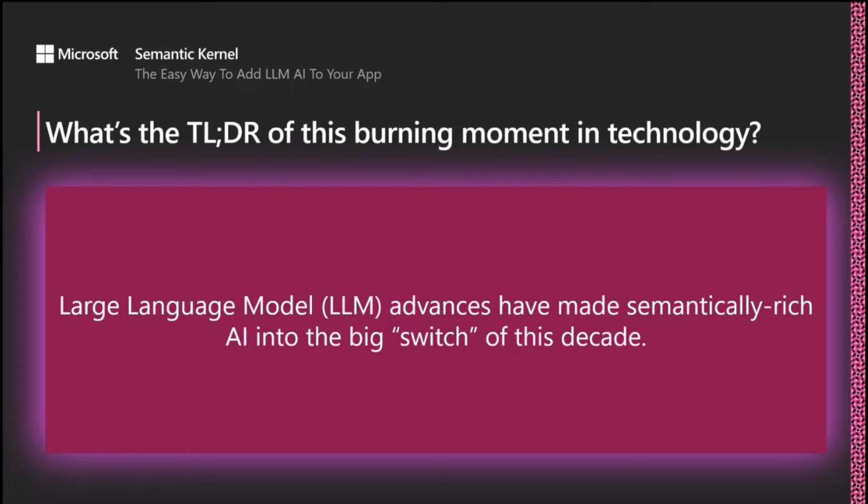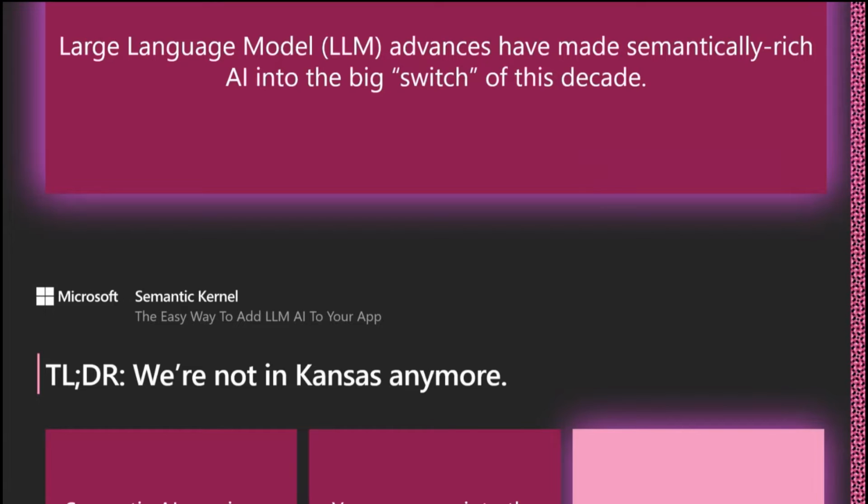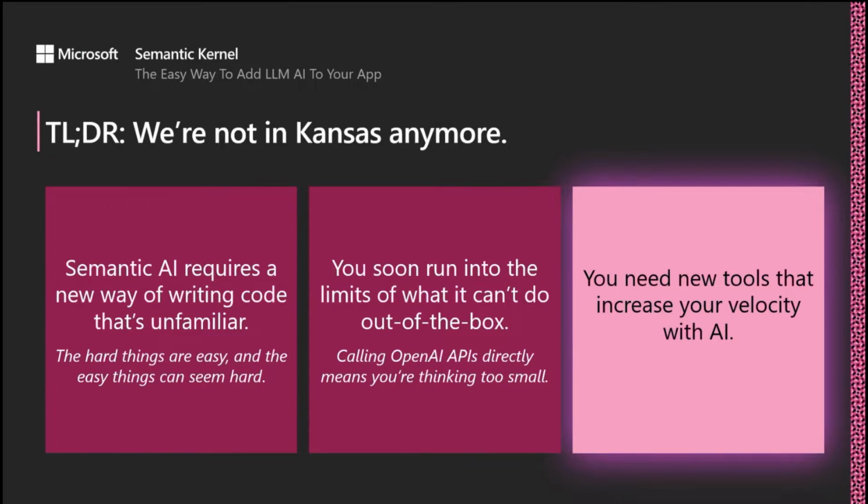And it really has become the next big transformational switch, right? You can think of it as, hey, we went from mainframes to PCs and servers, and this is really the next big thing in both underlying technology, but also how we are going to be programming and thinking about applications in the future, right?